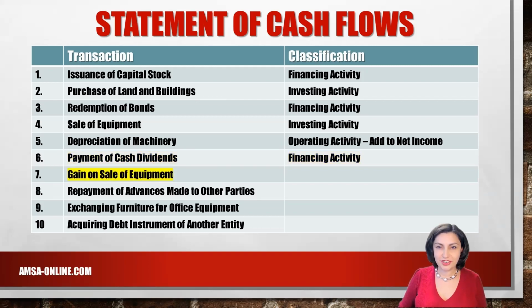The next transaction is the sale of equipment for gain. A gain on sale of assets occurs when an asset is sold for more than its carrying amount. The carrying amount is the purchase price of the asset minus any subsequent depreciation and impairment charges. The gain is classified as a non-operating item on the income statement of the selling entity.